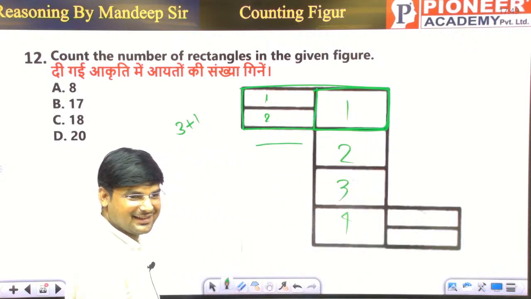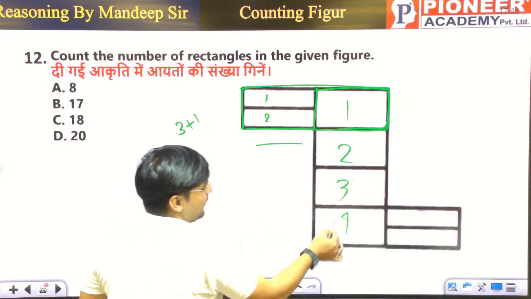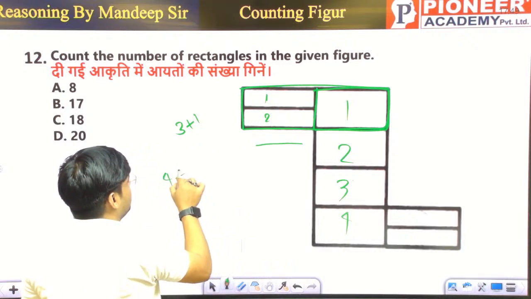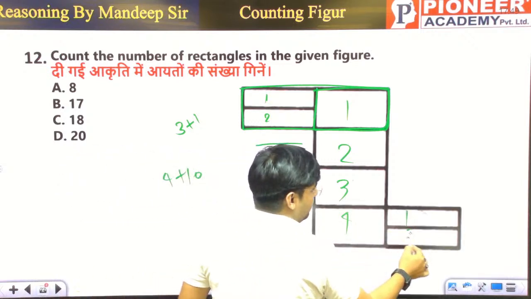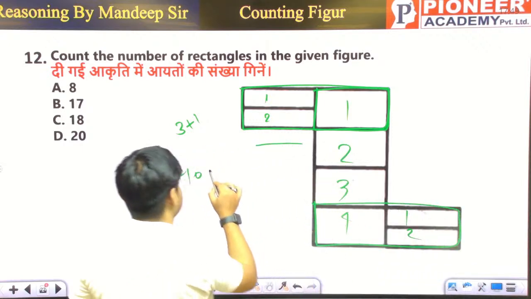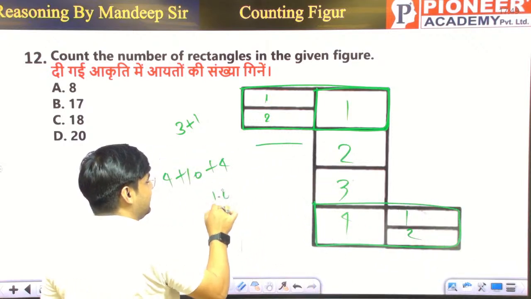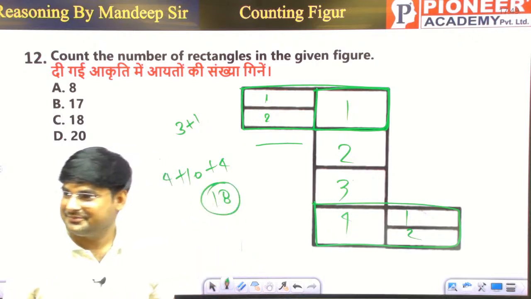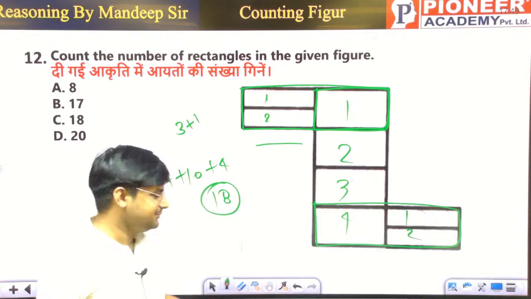Clear? So 4 plus 3, 7, 9 plus 10. 4 plus 10 and 1, 2 and 4. There are 18. Clear? Clear?